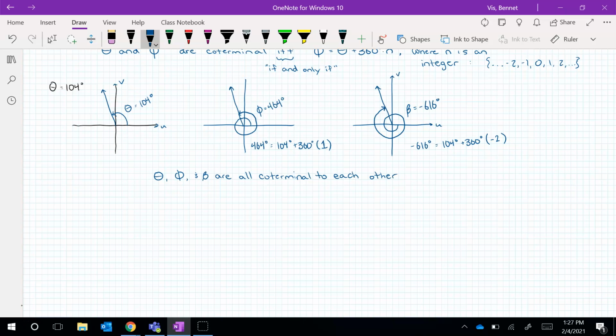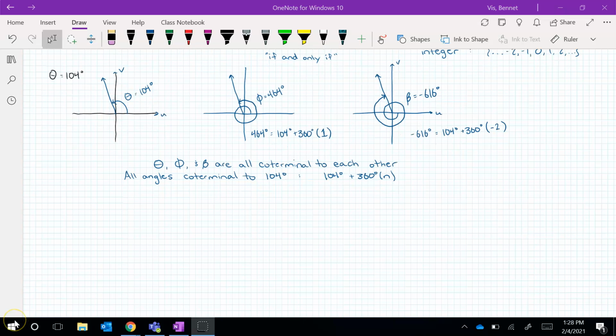And we can describe all of the angles that are coterminal to 104 as 104 degrees plus any whole number multiple of 360 degrees away from that 104 degrees.